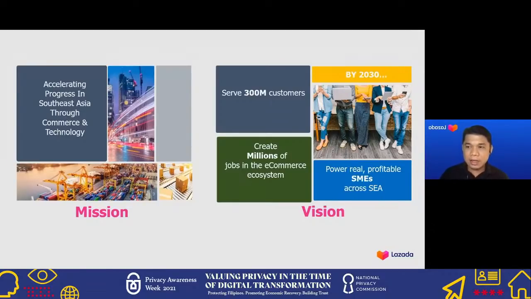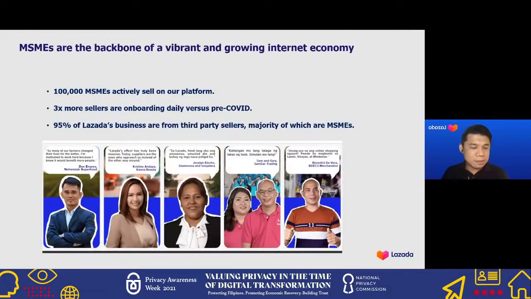So to do that, Lazada, next slide, is recognizing that MSMEs are the backbone of a vibrant and growing internet economy. In fact, recently we have allowed around 100,000 of MSMEs to sell actively on our platform. This is more than triple our usual rate versus pre-COVID.